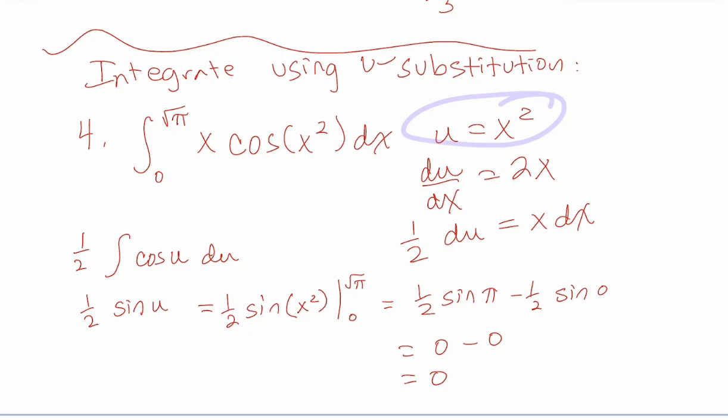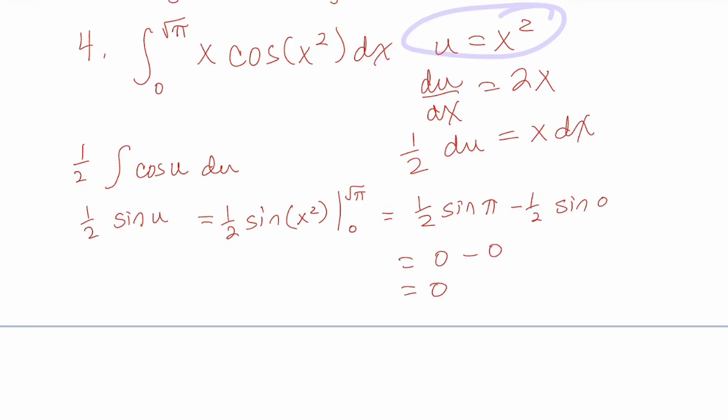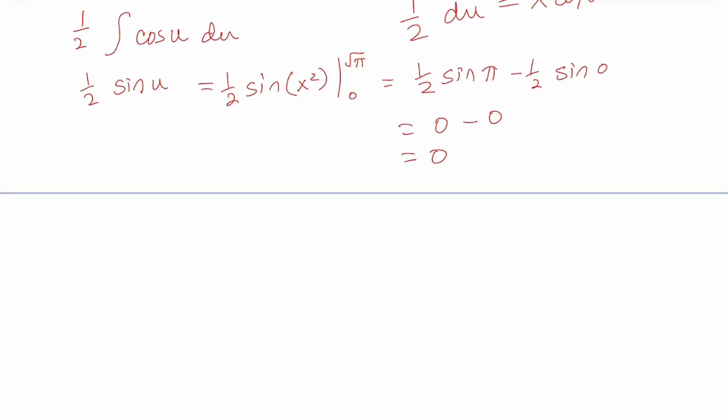Okay. So that's one where I've given you the substitution. Do we have any questions about that one? Okay, let's do another one where I've given you what the u is.